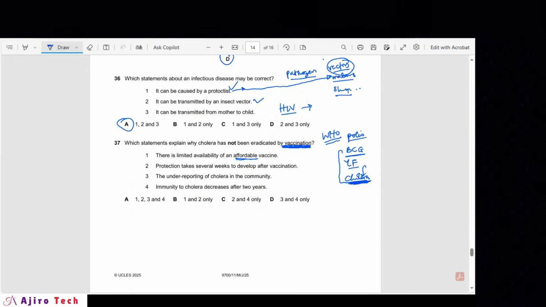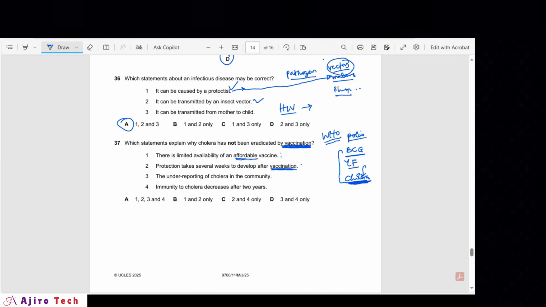Limited availability of affordable vaccines. It has to do with affordability. And we are looking at why it is not eradicated. Protection takes several weeks to develop after vaccination. It's possible.